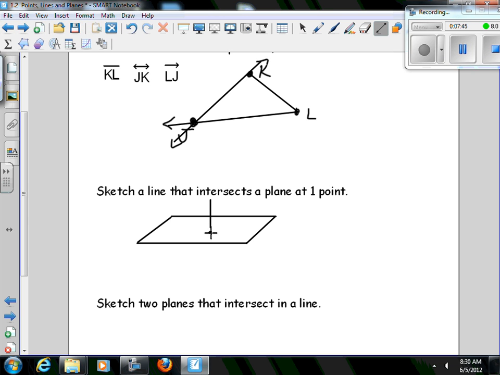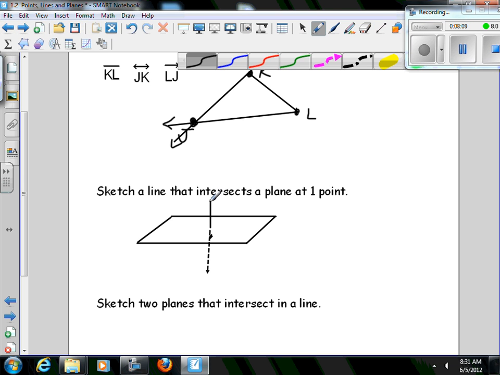I'm going to try to make this a dotted line. Oh, it didn't work out very well. Let's see if we can just draw that through. There we go. Just ignore that other little piece that was there. That's supposed to be straight, by the way. But you can imagine this line goes right through that plane, and it goes through at exactly one point right here. There's the point where it goes through.